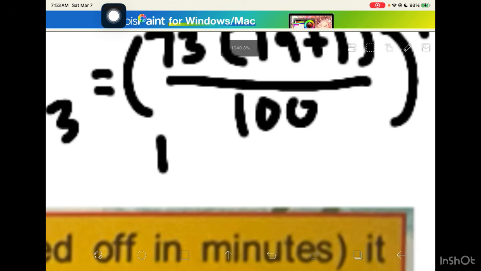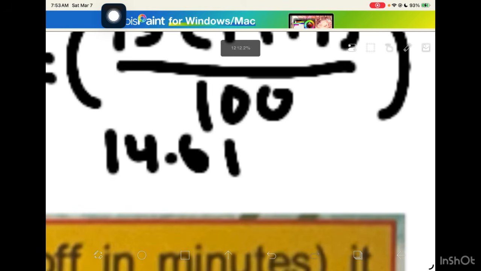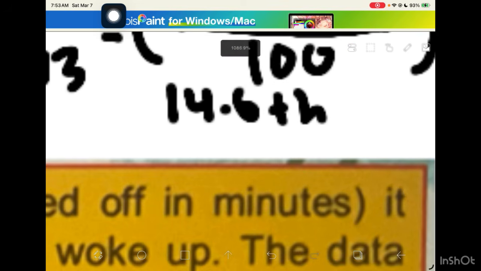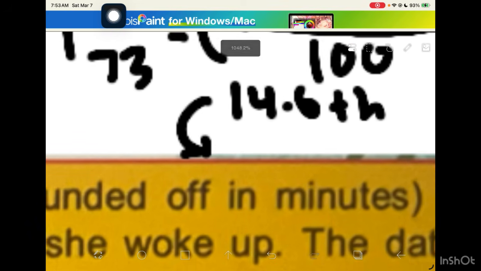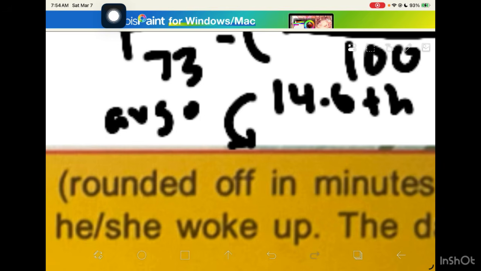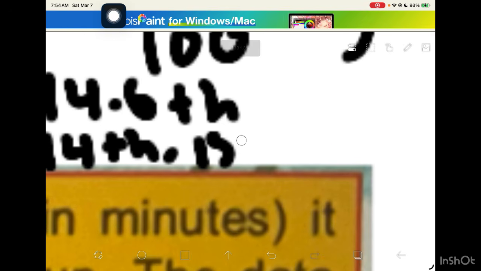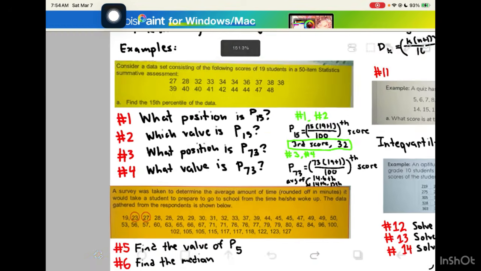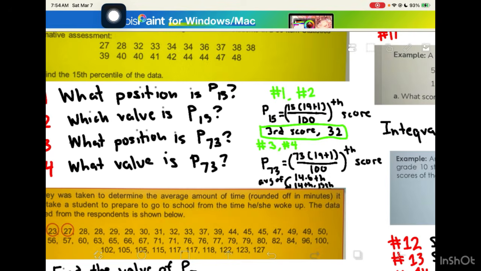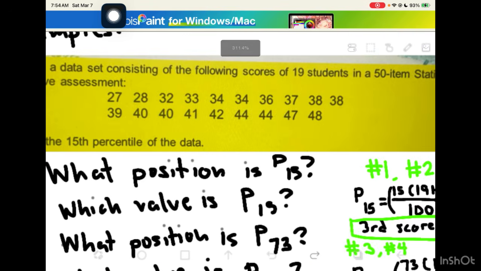So since we get 14.6 here, get the average of 14th and 15th. So in this case, we go to this is 10, 11, 12, 13, 14, and 15.